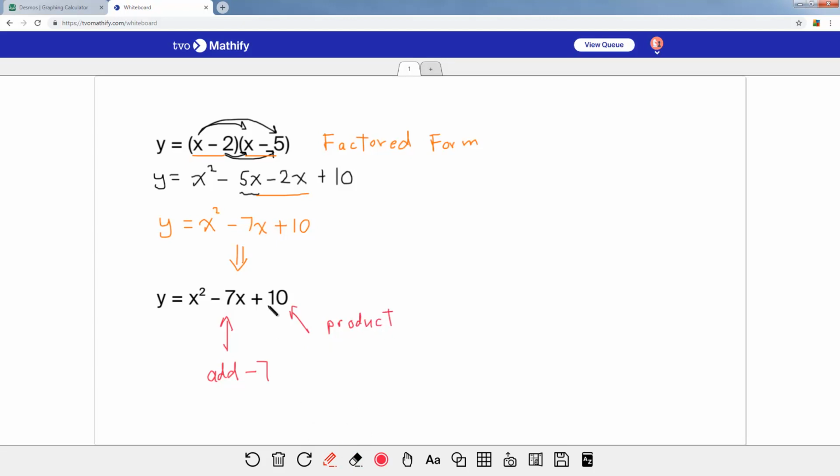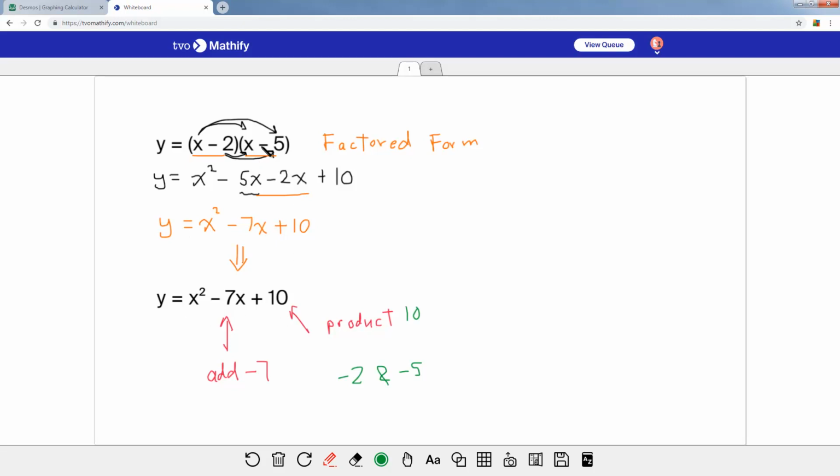And if you remember your factoring, the two numbers that add to negative 7 and have a product of 10 here are negative 2 and negative 5. And so that's why x minus 2 and x minus 5 is the factored form of this standard form.